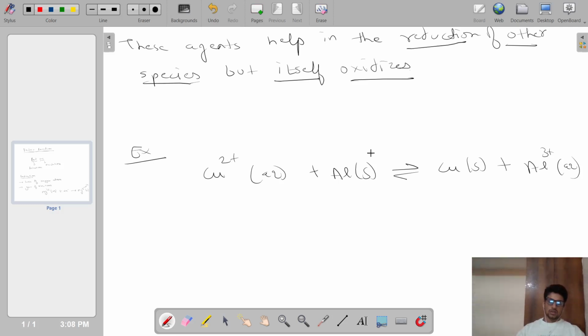Before finding who is oxidizing, who is reducing, first of all see whether the reaction is balanced or not, not only the number of elements but also the charge. I can see that the number of elements is balanced but charge is not balanced. On the right side it is plus 3, on the left side it is plus 2. So I'm going to put 3 here and 2 here. Now 3 times 2 is 6, 2 times 3 is 6. Now my elements are unbalanced, so I'm going to put 2 here to balance aluminum and 3 here to balance copper.